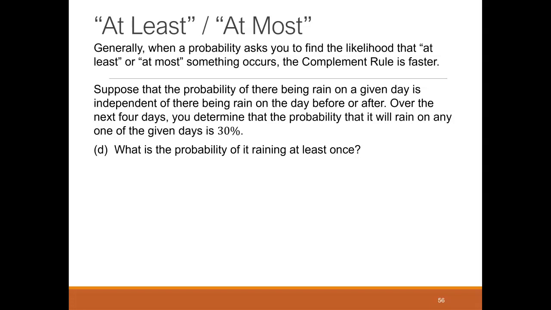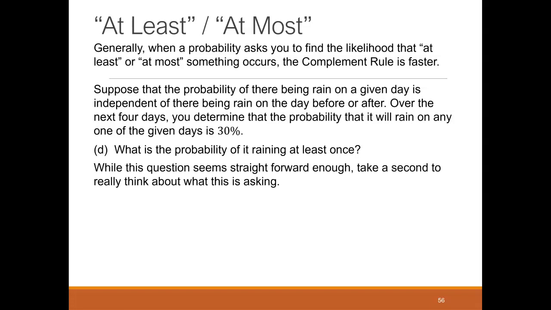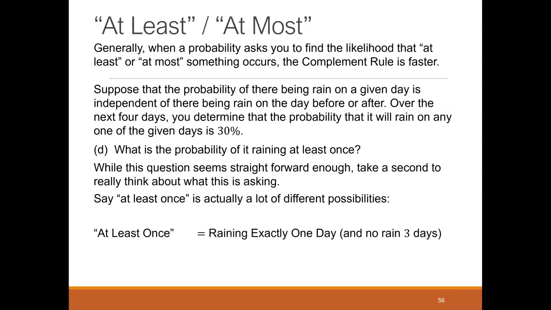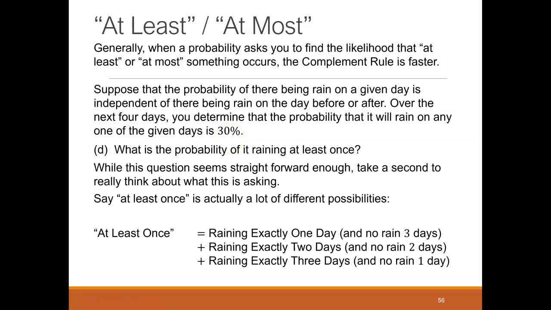The probability of it raining at least once. It's not 30. At least once is a lot of different possibilities. Could be raining exactly 1 day and then no rain, or exactly 2 days and then 2 no rain, exactly 3 days and 1 day no rain, raining all 4 days.